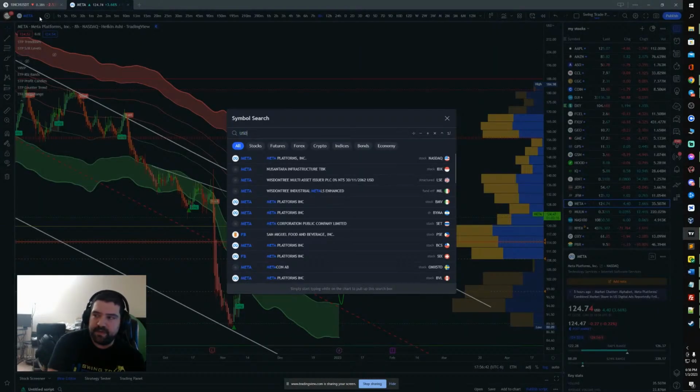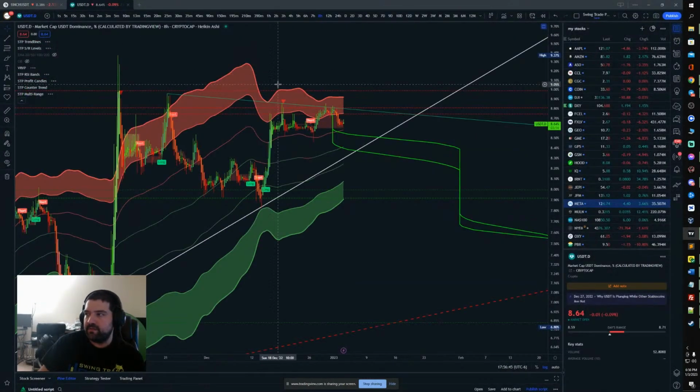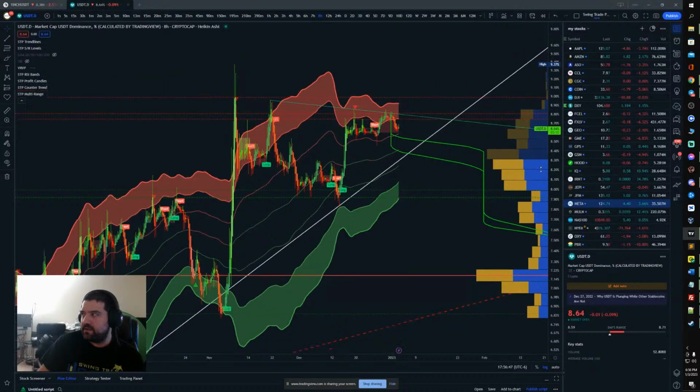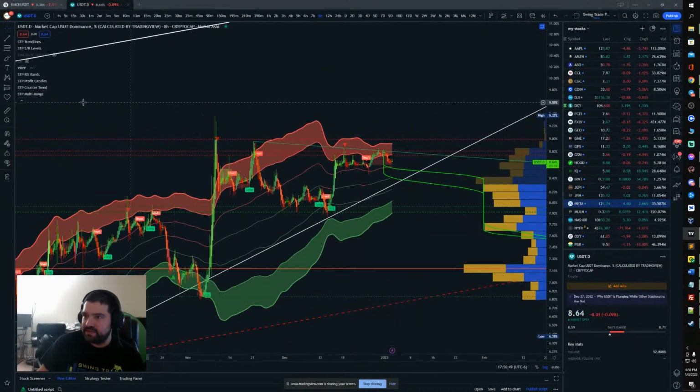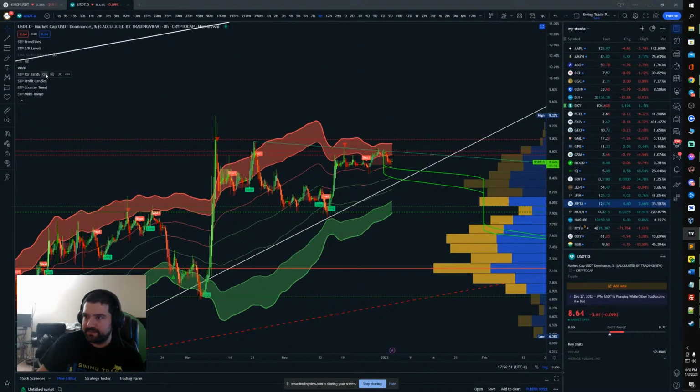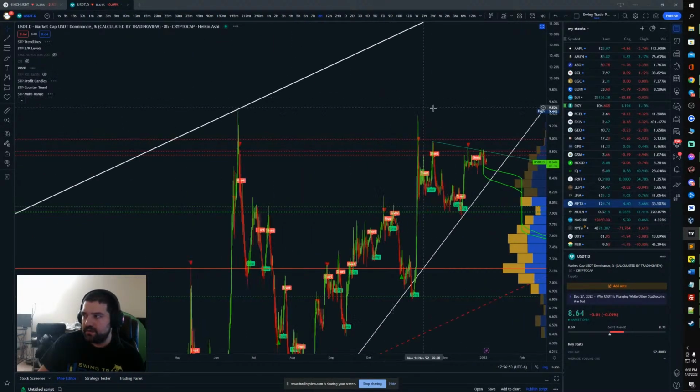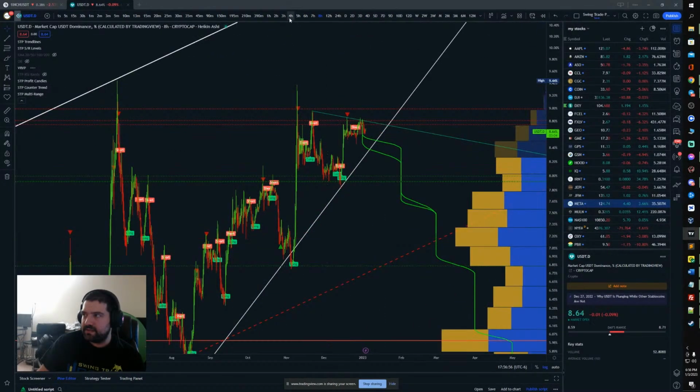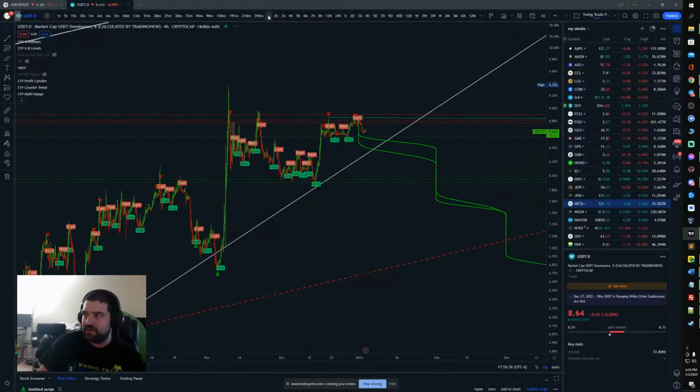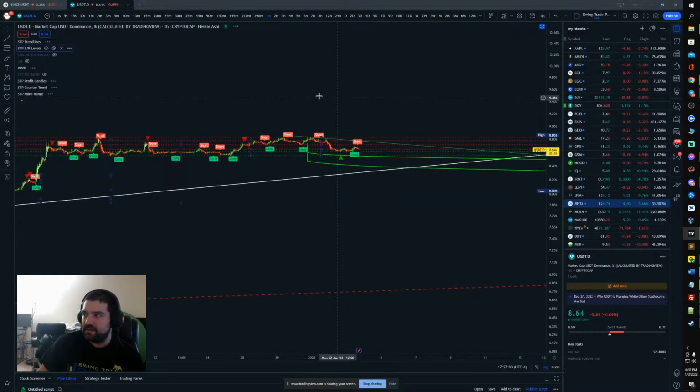One of the biggest tools that really helped me is learning how to read the USDT dominance chart. And this is applicable on small time frames, and on larger time scales, right?